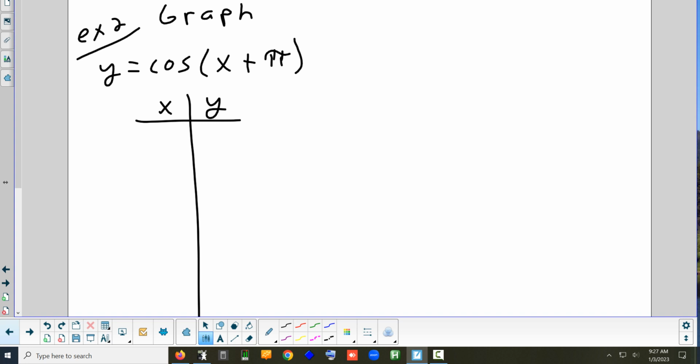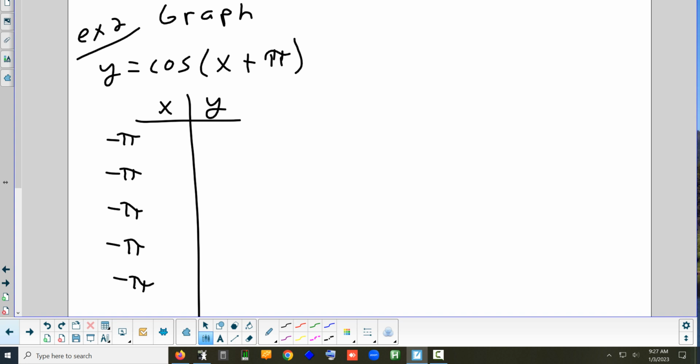What would be happening to the x? It'd be going down. Whether it's negative or positive, we don't know, but it'd be going down. Right? So to make something go down, you need to subtract something. That's how it's going to go down. We're going to be subtracting pi.